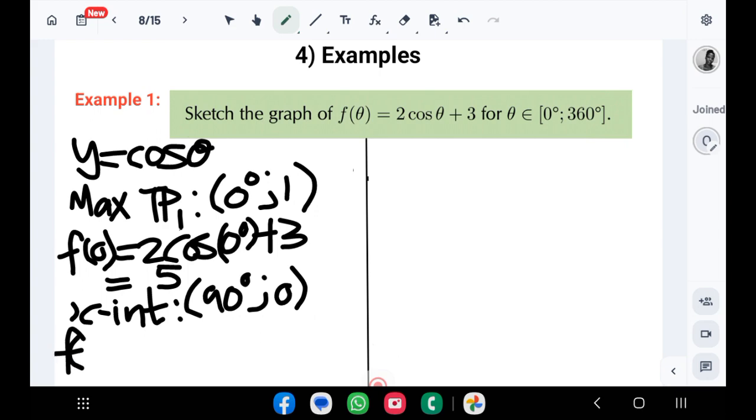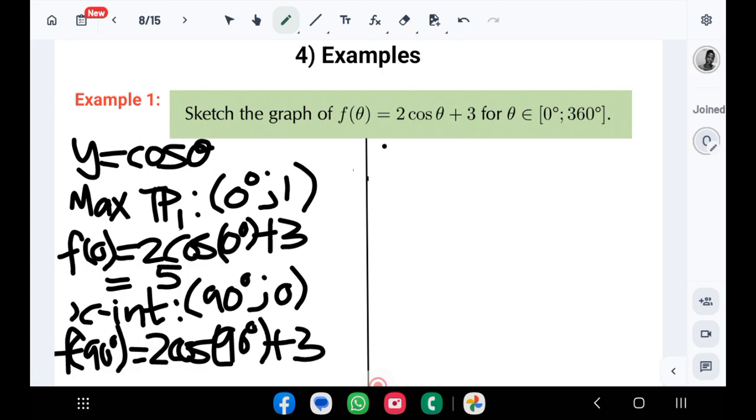So we find f of 90 degrees, that is equal to 2 cos 90 degrees plus 3. Take out a calculator, that will give you 2 cos of 90 degrees plus 3. That gives you 3.